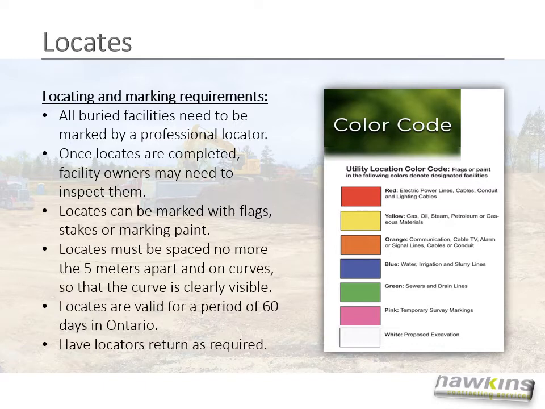Orange represents communication, cable TV, alarm or signal lines, cables, or conduit. Blue represents water, irrigation, and slurry lines. Green represents sewers and drain lines. Pink represents temporary survey markings. And white is the proposed excavation.